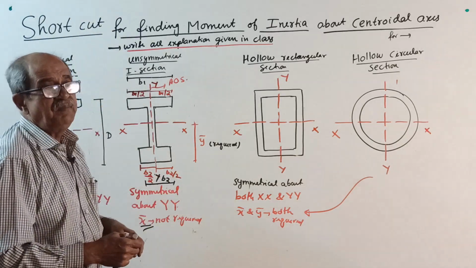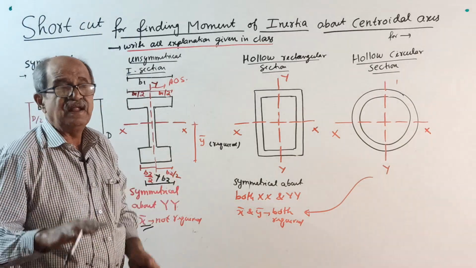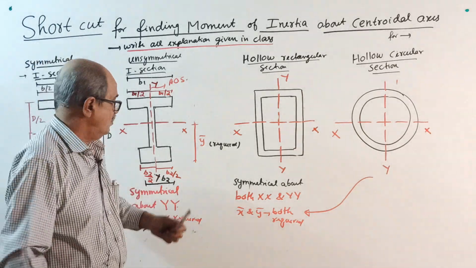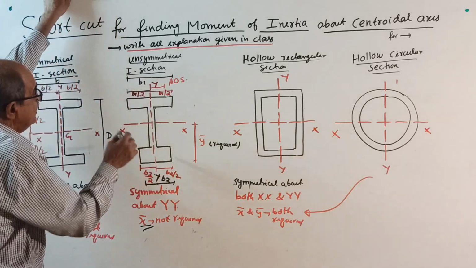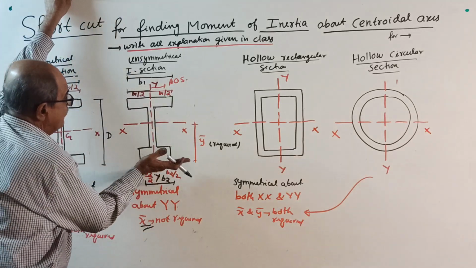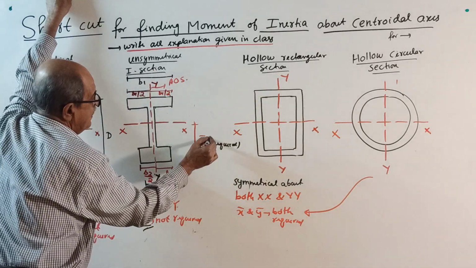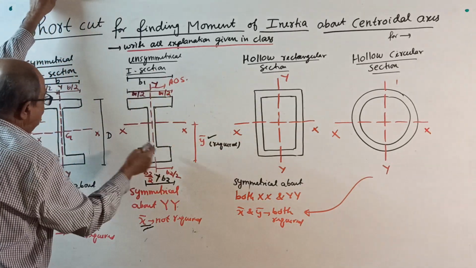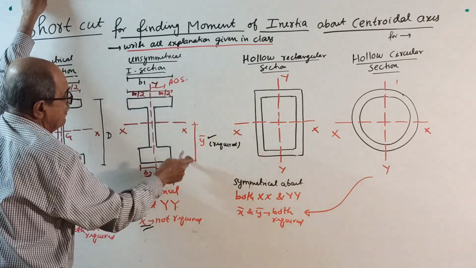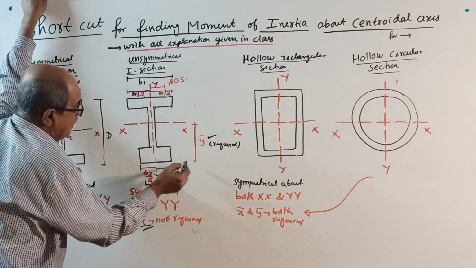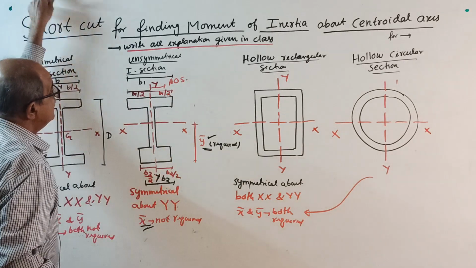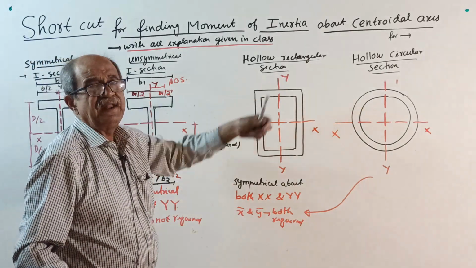Later, I will not use b1, b2; this is for explanation, and I may use some other symbol later. So x bar is not required, but y bar is required. If this is total depth D, this is not equal to this one, so y bar is required.